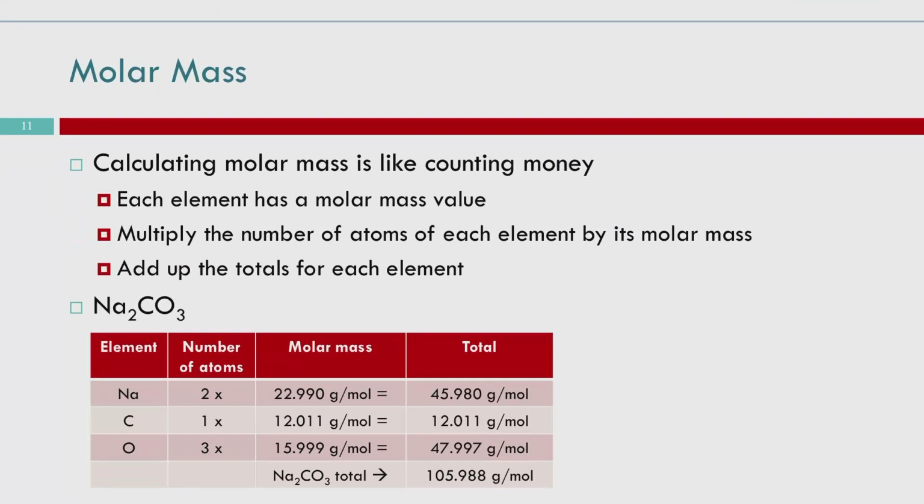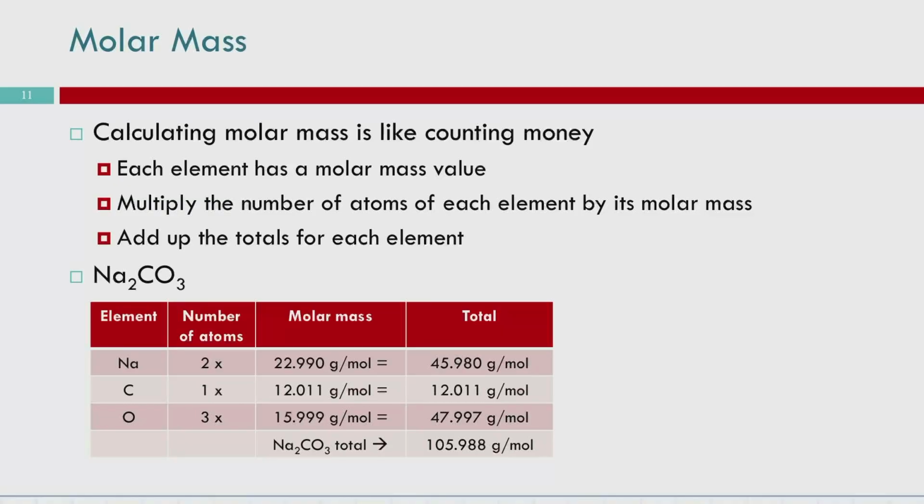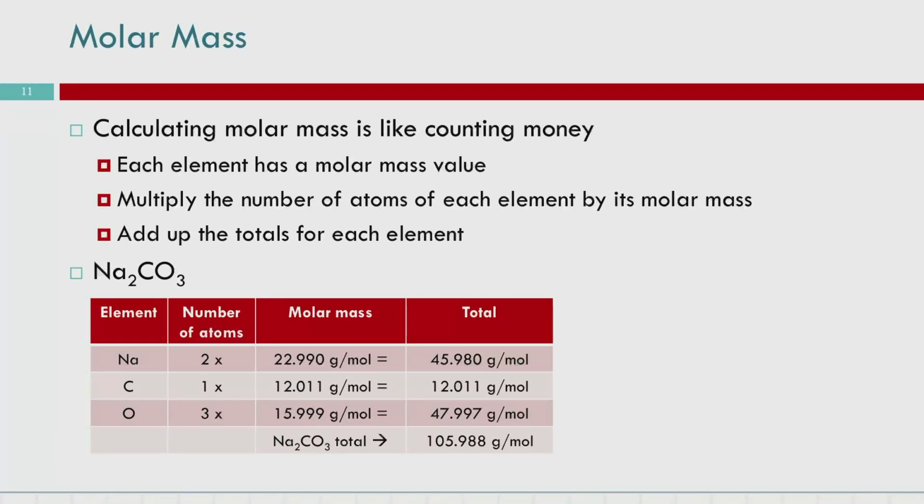All right, calculating molar mass is similar in a way to counting money. It's different because your money doesn't come all glued together, whereas with molar mass, all the pieces come glued together. But the way that we calculate a molar mass is based on counting up each of the individual components. Each element has a molar mass value.